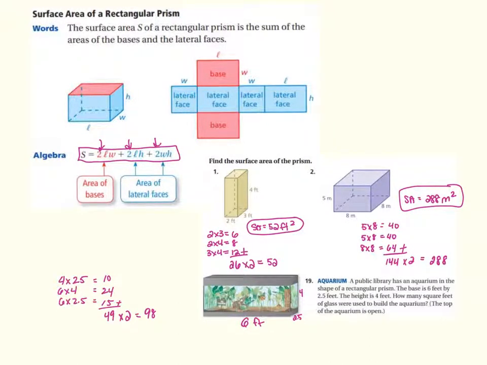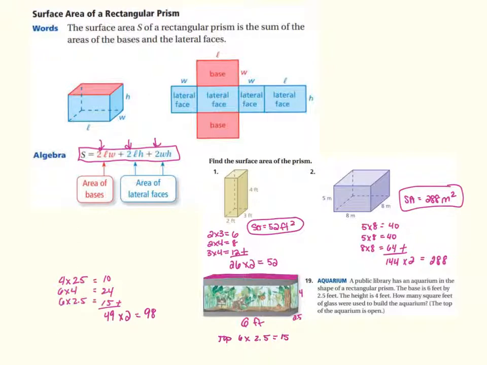Okay, you should have gotten the total surface area of the aquarium to be 98. But the question asks, what is the amount of glass to cover the aquarium, not including the top? So you have to be able to tell what the dimensions of the top would be. The dimensions of the top would be 6 by 2.5, which gets you 15.